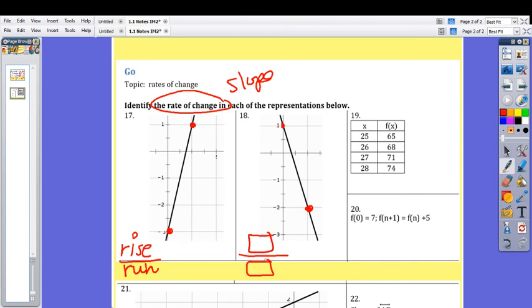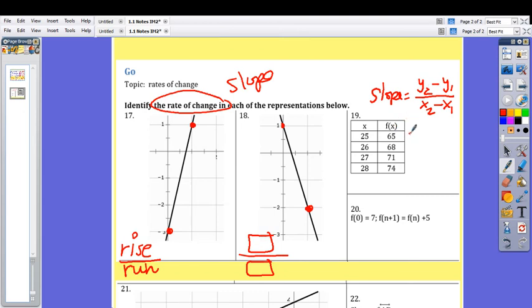Okay. Now this one is we used to find out slope as y2 minus y1 over x2 minus x1. If it's not y, if it's f of x, then also you can do the same thing.